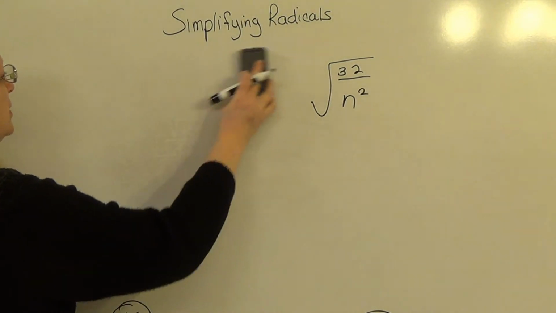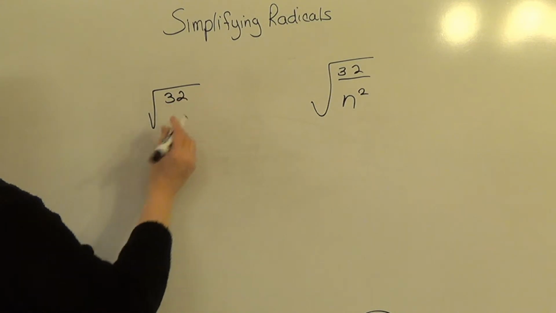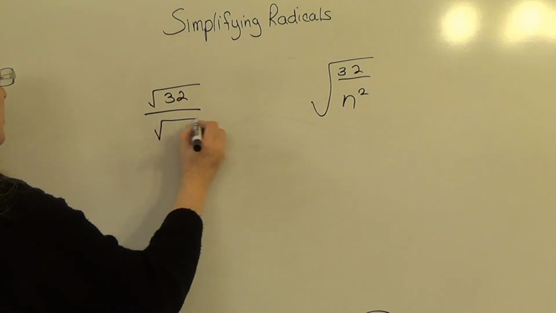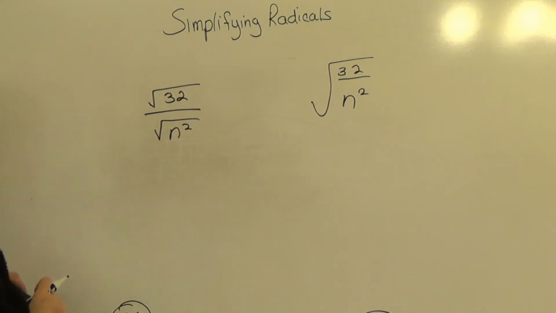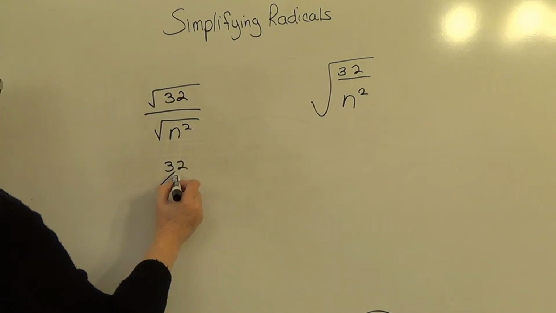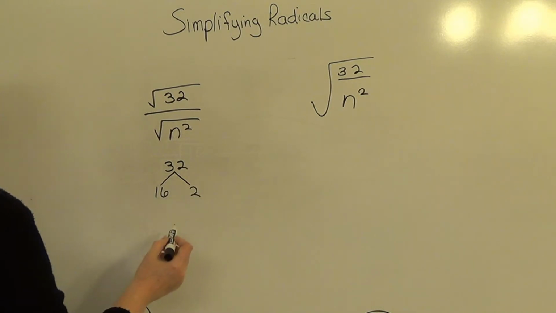Let's take a look at this last one. 32, and then break this one apart. Okay, so 32, if we factored it into its primes, that would be 16 times 2.